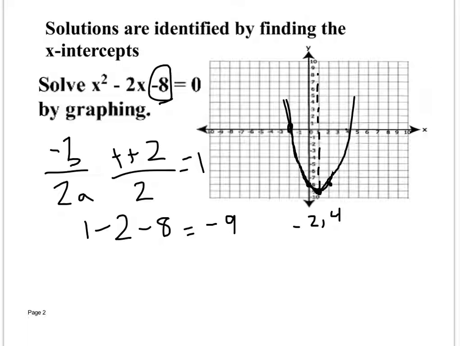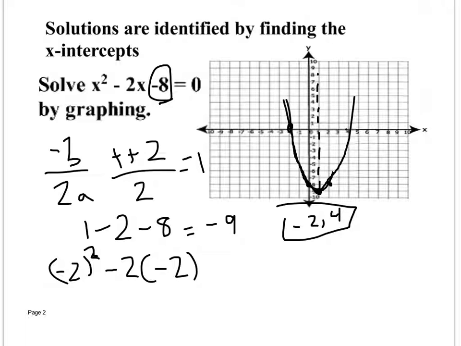So what we can do is check these two points by plugging them into the equation. Let's do -2 in for x and see if it equals 0. -2 squared is 4. -2 times -2 is 4 as well. 4 plus 4 minus 8 is 0.